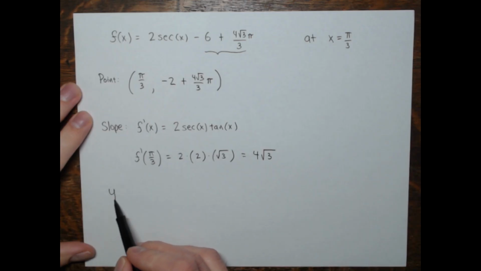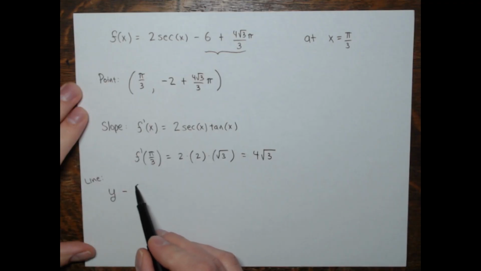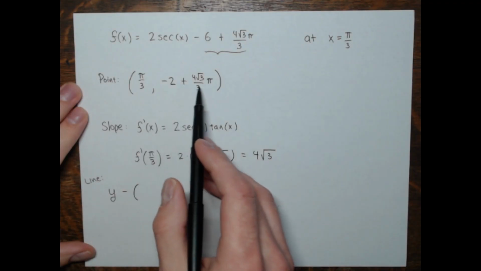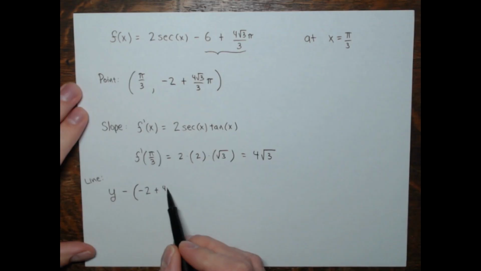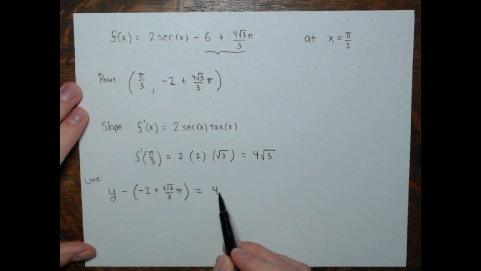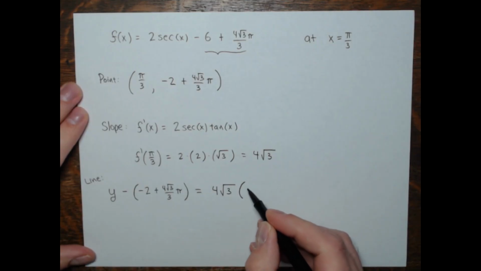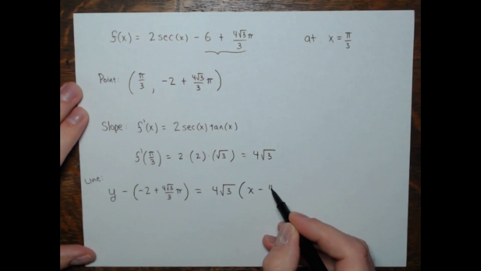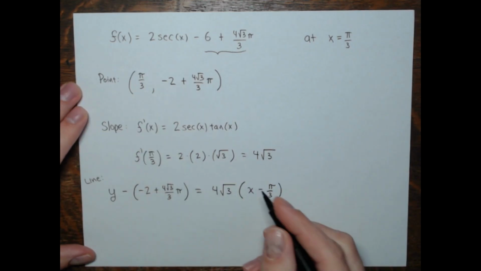And so we have y. So our line, I'll do point-slope form again. y minus the y coordinate, this negative 2 plus 4 root 3 over 3 times pi, should be equal to the slope, 4 root 3, times the quantity x minus pi over 3. All right, just x minus the x coordinate.